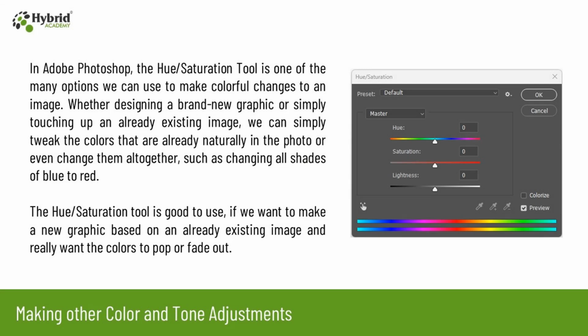Whether designing a brand new graphic or simply touching up an existing image, we can tweak the colors that are already naturally in the photo or even change them altogether, such as changing all shades of blue to red. The hue saturation tool is good to use if you want to make a new graphic based on an already existing image and really want the colors to pop or fade out. Let's see how we can do this in Photoshop.